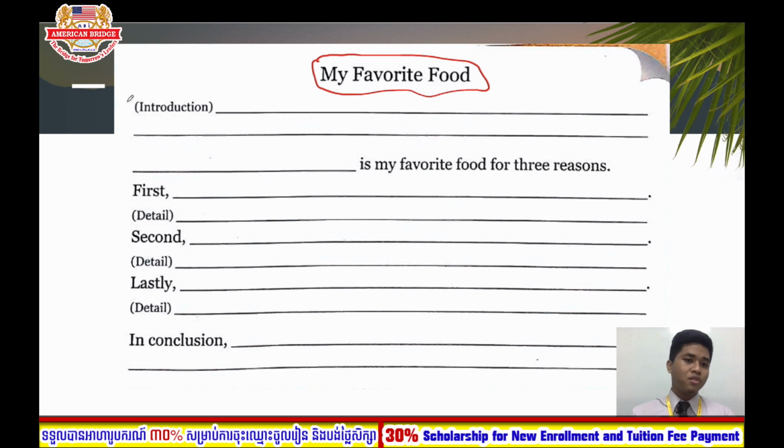What you need to do is to think of the introduction and then give detailed information about the reasons why you like that food. And after all, you need to give the conclusion. So I hope you can find this activity in your book, which is on page 64, and do this exercise in your book in order to improve your speaking skill, and at the same time you can improve your writing skill as well.